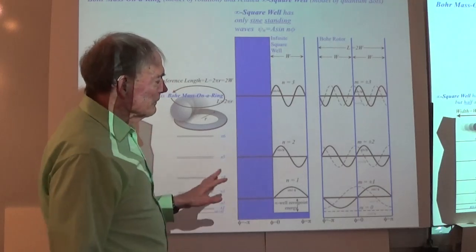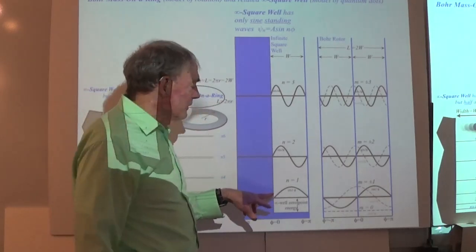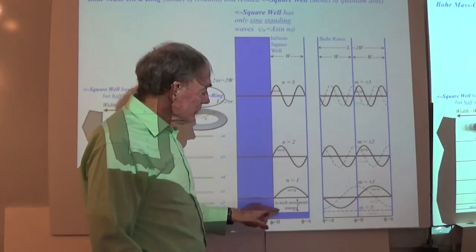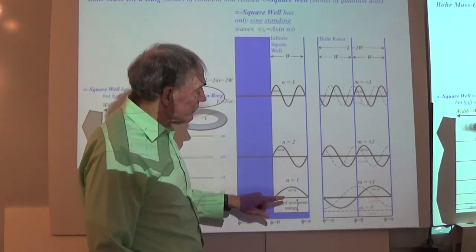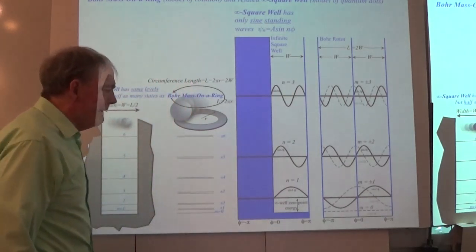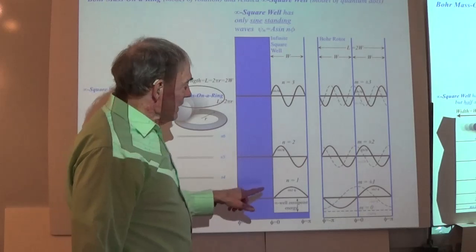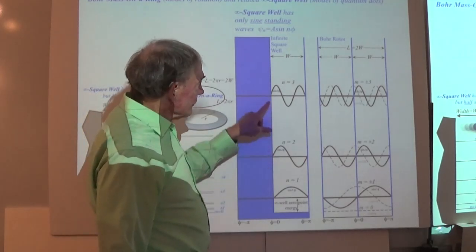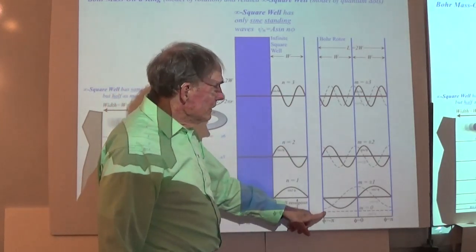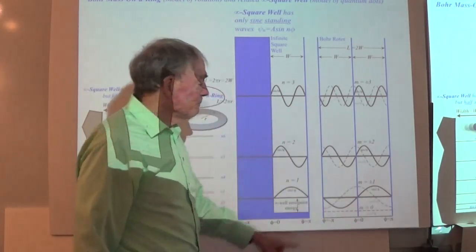So that's something to keep in mind. The uncertainty principle, which we're going to mention in a minute, is responsible for that. So this one has a zero-point energy. In other words, your first state has to be a certain height. We'll write that down in a minute. And the other thing is every single one of these levels for the Bohr rotor is doubly degenerate. Only this one is singly degenerate.